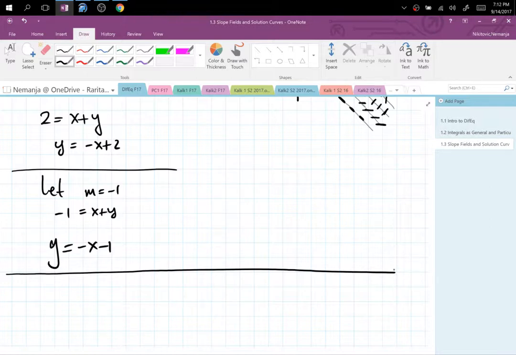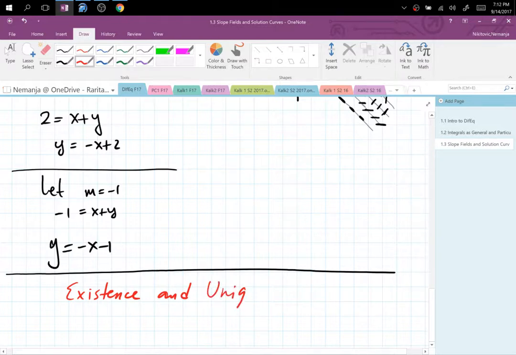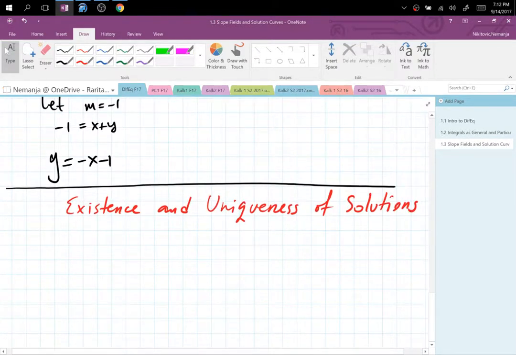All right, so let's write this theorem down. Ready? So, existence and uniqueness of solutions.